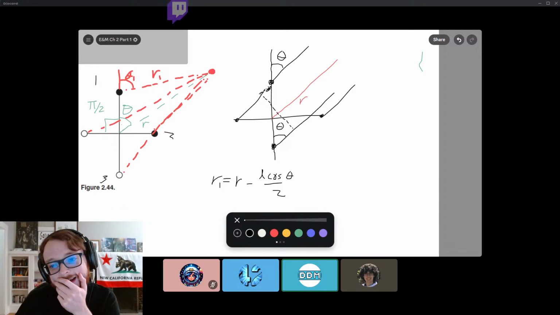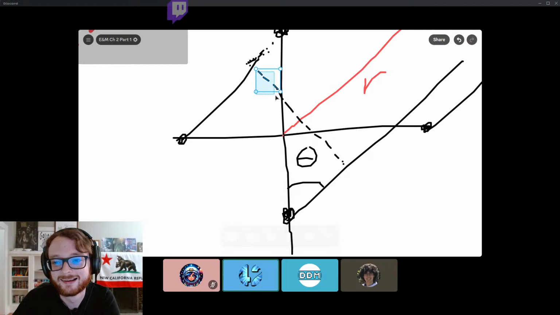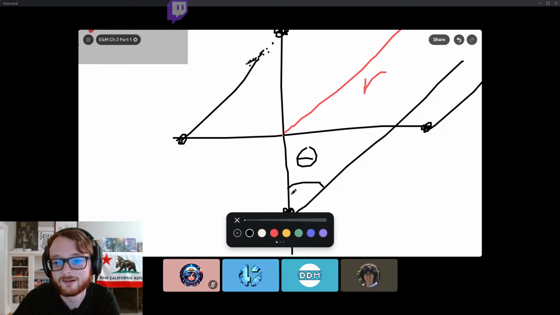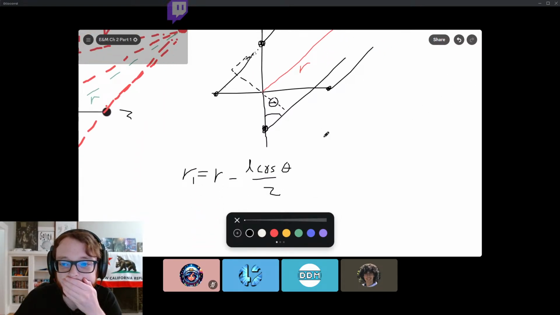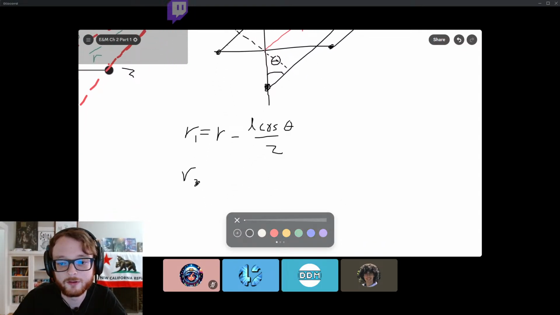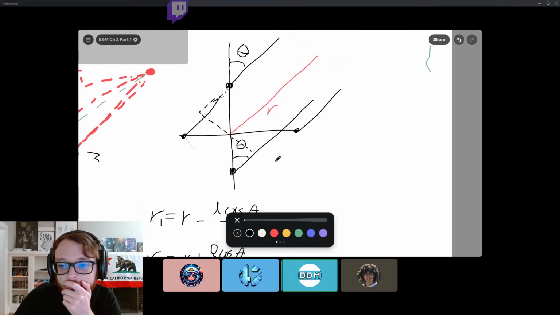Oh, it is, yeah. And that makes it a bit more clear, I think. And then R3 is going to be the same thing, but plus L cosine theta over 2, because that one has some extra distance.